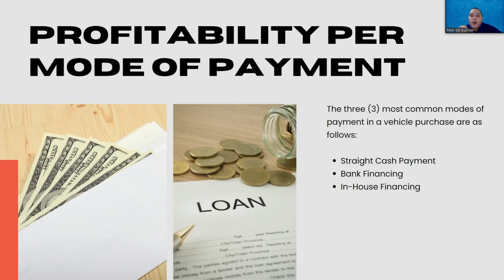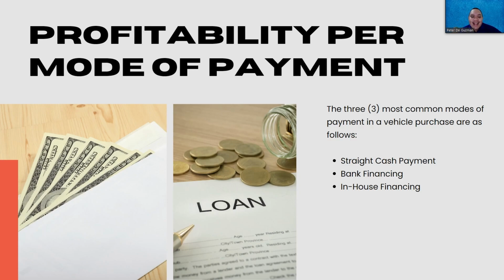Reason number two, profitability per mode of payment. There are three common ways of purchasing a vehicle, just as it is with purchasing a piece of real estate property or even purchasing movie tickets, buying food. There are multiple methods. When it comes to car buying specifically, there are three mainly used methods.